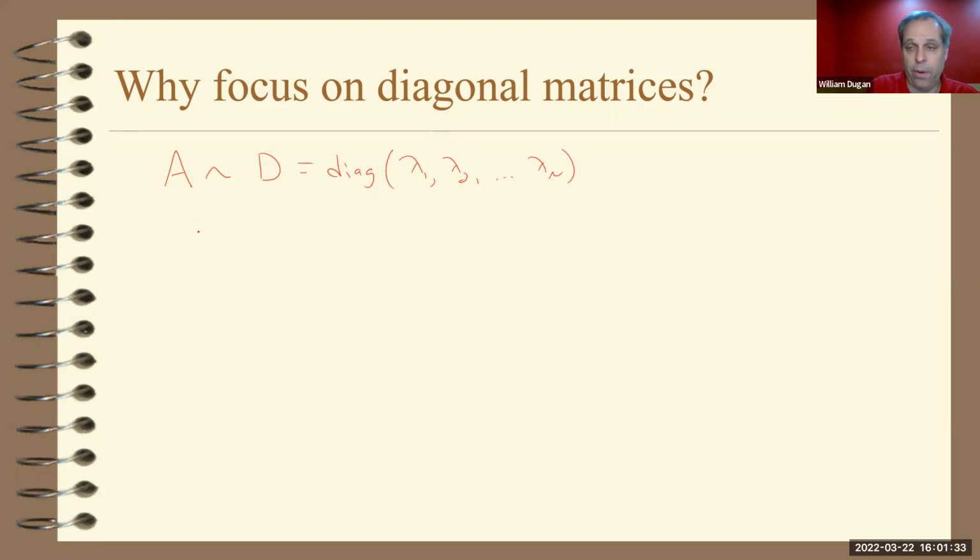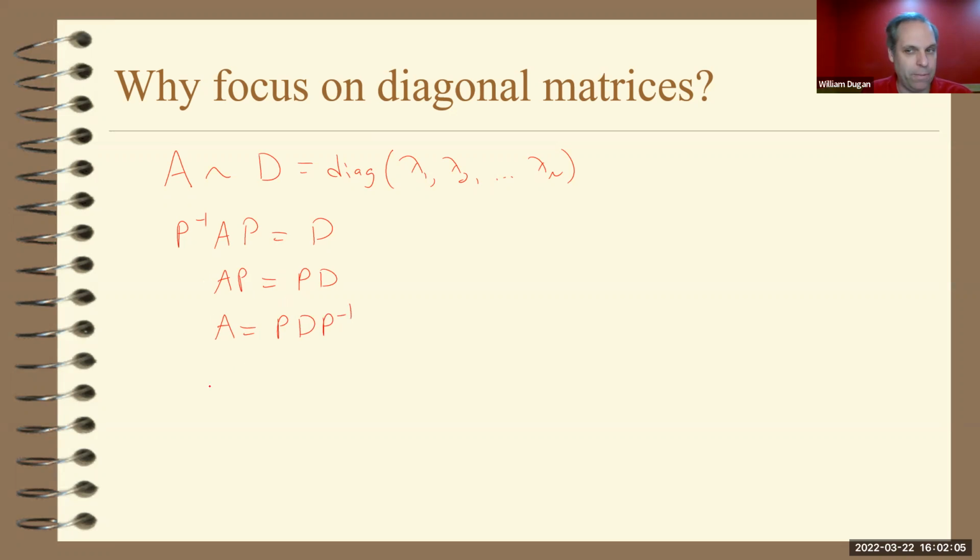That means then that there is a matrix P so that P inverse times A times P is equal to D. Well, what I want you to do is to solve for A. So pre-multiply by P on both sides on the left. That will then give you A times P equals P times D. And then on the right, multiply by P inverse. That would then give you A equals P D times P inverse.